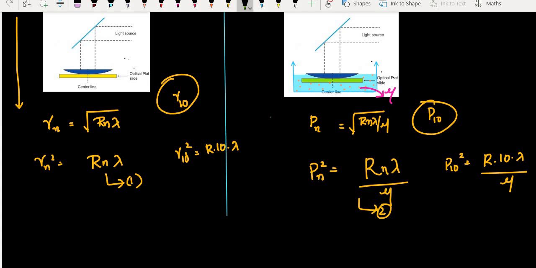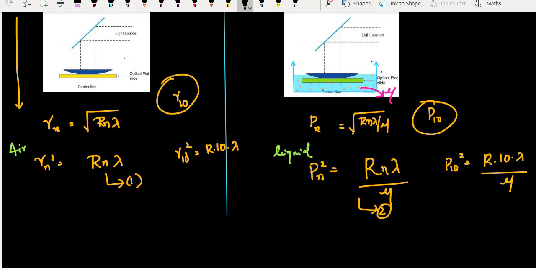I have both values: Rn square with air film is equal to Rn lambda, and with liquid, Pn square is equal to Rn lambda by mu. I have two equations, 1 and 2. How to calculate the value of the refractive index using these equations? That's what I'm going to do.